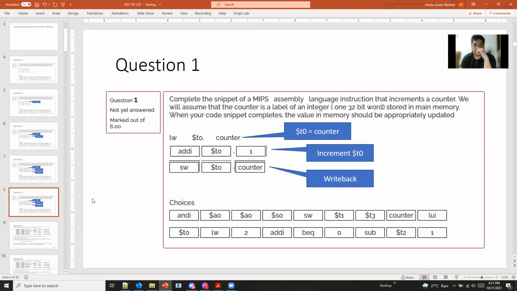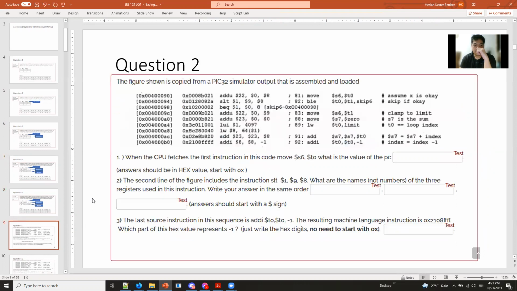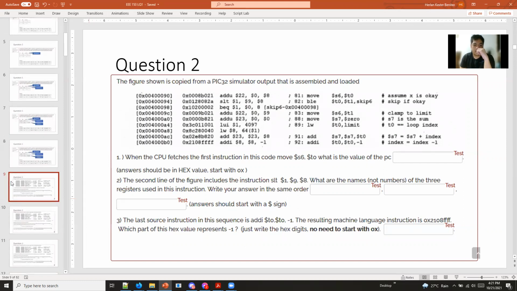Then for question 2, the figure shown is copied from a PIC32 simulator output that is assembled and loaded. So ang question number 1 is, when the CPU fetches the first instruction in this code above, so that is yung code na move S6T0, what is the value of PC?